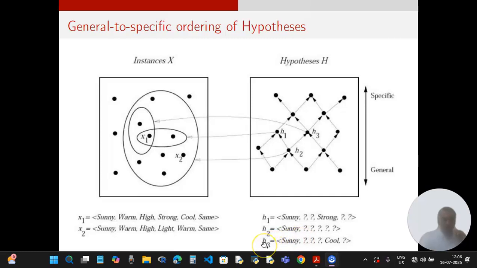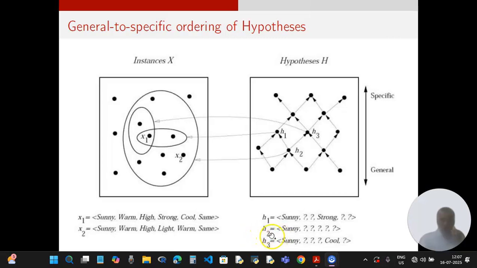This is satisfied by x1, so H3 covers the x1 example, because there we have sky condition sunny and water is cool. But H3 does not cover x2, because in x2 the water condition is warm.